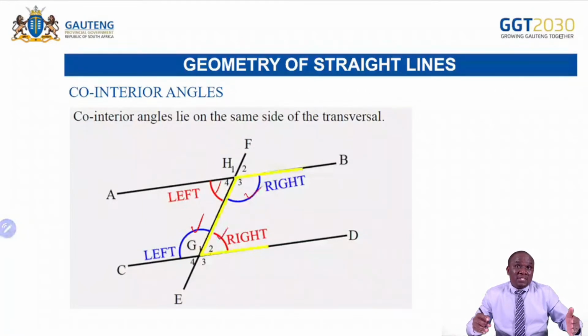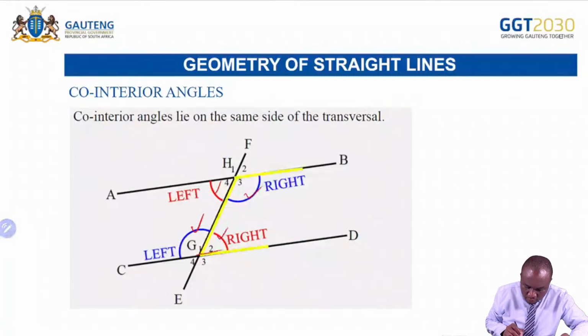The co-interior angles are on the same side of the transversal, but they are between the parallel lines, unlike the corresponding angles. Corresponding angles are on the same side of the transversal, but both of them are above the parallel lines. These ones are within or between the parallel lines. That's co-interior angles. They add up to 180 degrees. They are not equal.